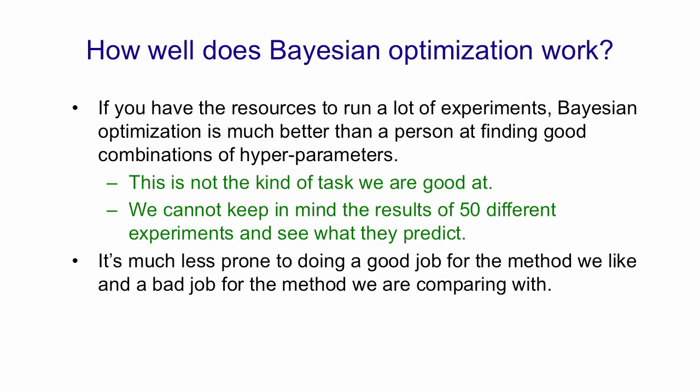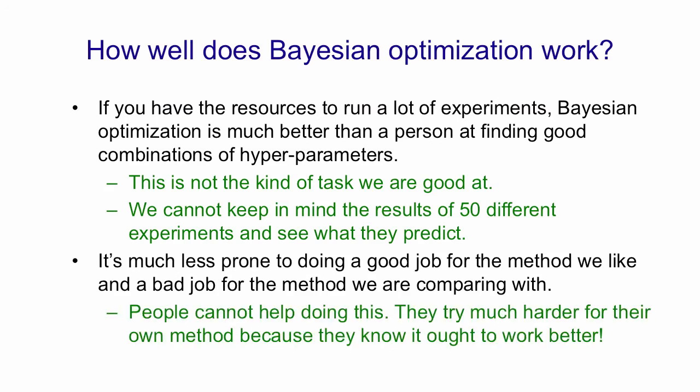That's why when you compare methods, you should really compare the results got by different groups, where for each method, the results are produced by the group that believes in that method. If we use Gaussian process models to search for good sets of hyperparameters, they're going to do just as hard a search for the type of model we don't believe in as they are for the type of model we do believe in.